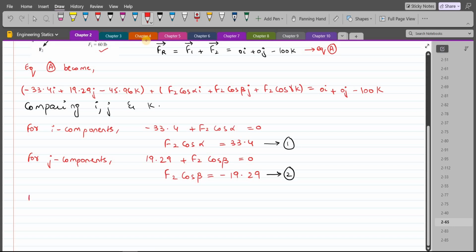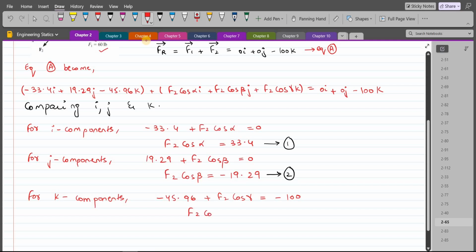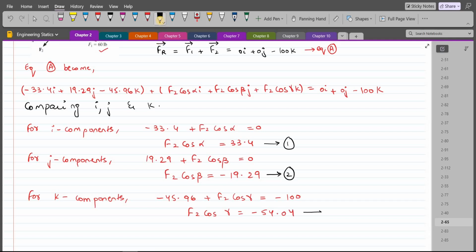For k components, we have negative 45.96 plus F2 cos gamma equals negative 100, so F2 cos gamma equals negative 54.04. Let's call this equation 3.